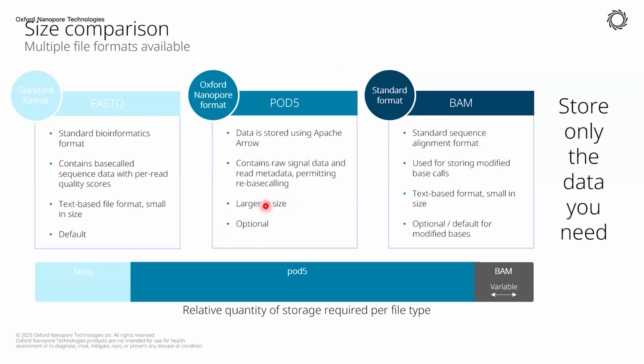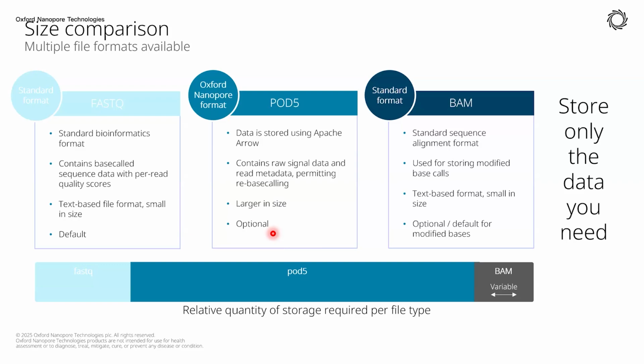But its size is larger, and if you remember, when we started the sequencing run day before yesterday, we needed to make sure that the POD5 format was on. I think this is quite important because if we want to rebasecall, then we need these POD5 files.